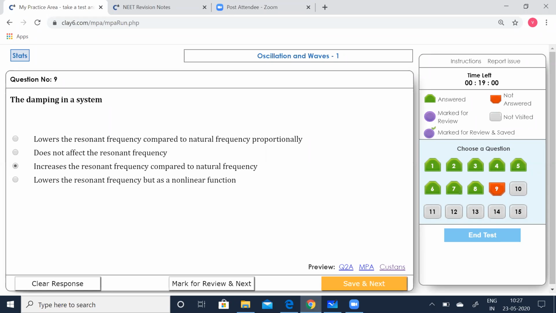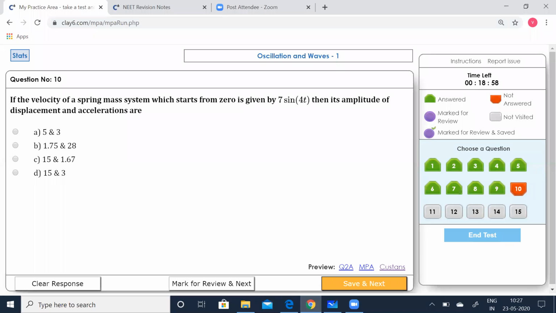See that. If the velocity of a spring mass system which starts from 0 is given by 7 sine 4t, then its amplitude, displacement and accelerations are what? It is very similar to the earlier one which we saw.